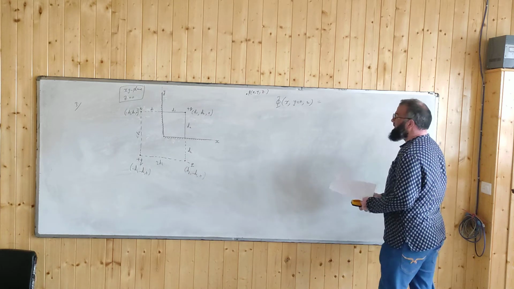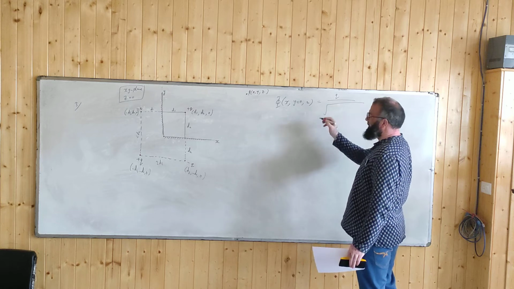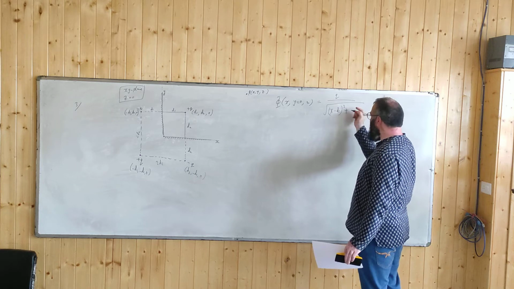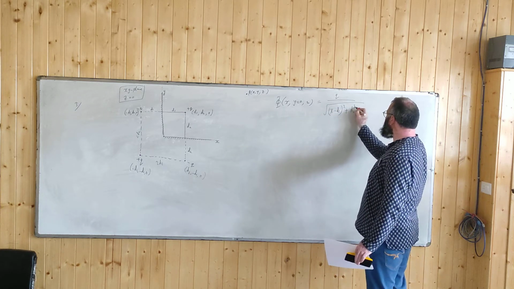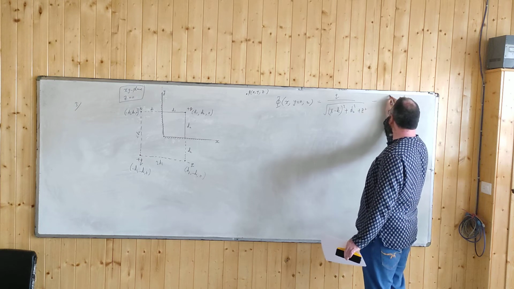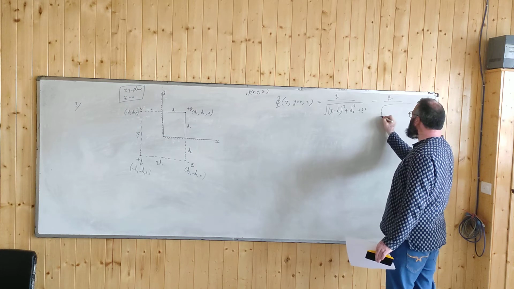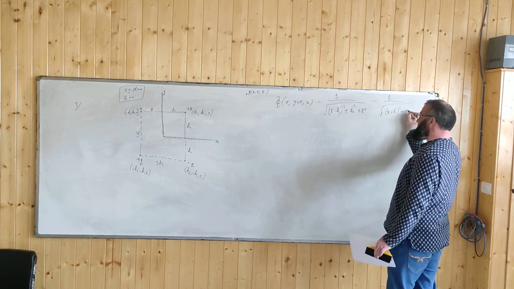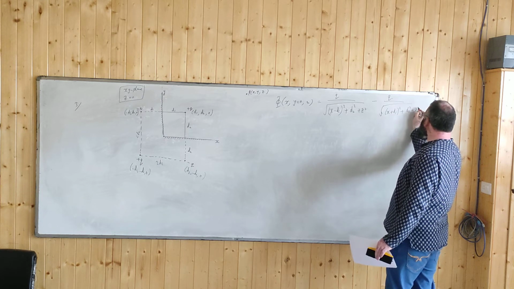So what do I have? q divided by root of x minus d1 whole square plus, since y is equal to 0, simply d2 square plus z square. Then minus q, the other charge, root of x plus d1 whole square plus d2 square plus z square.